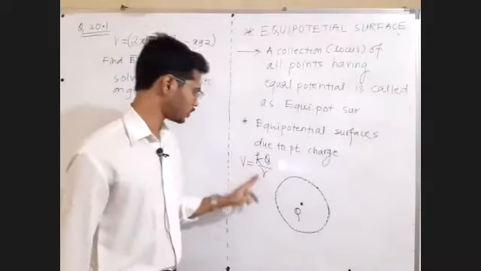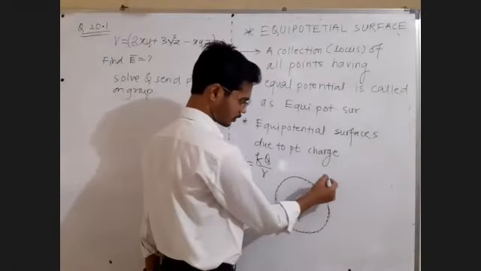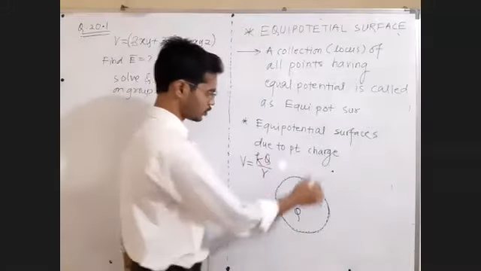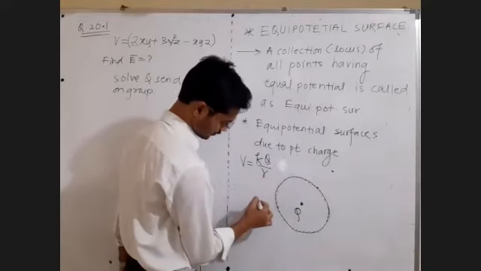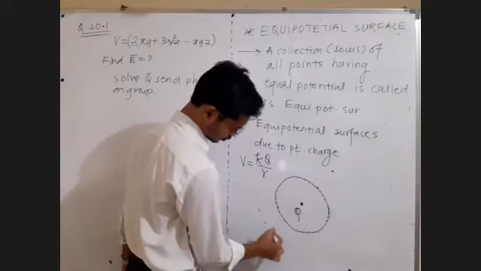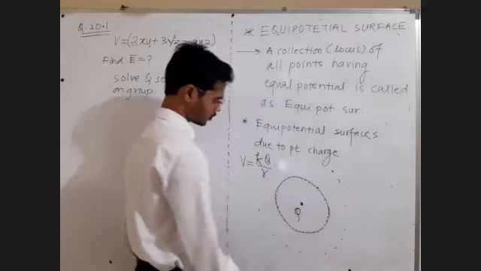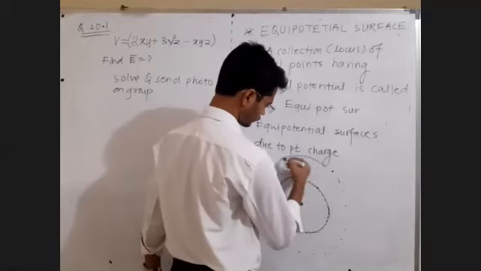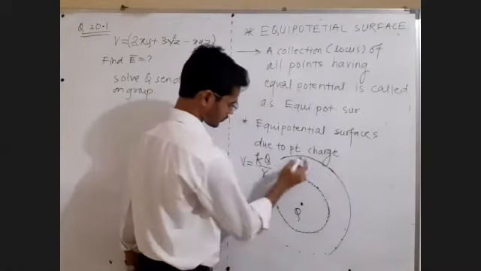At r equal to 2, I will have potential kQ upon 2 at all these points. If I collect all these points, I will get a sphere once again.